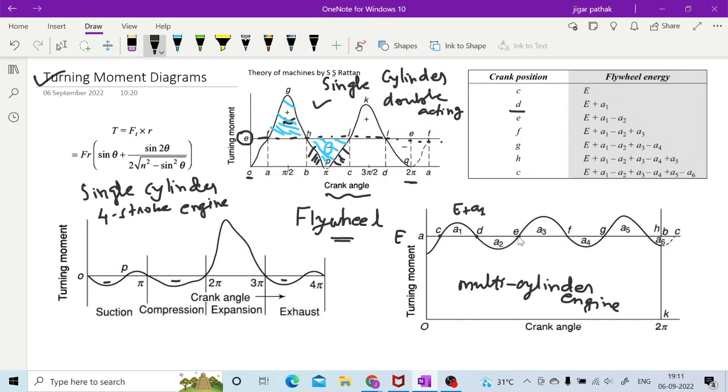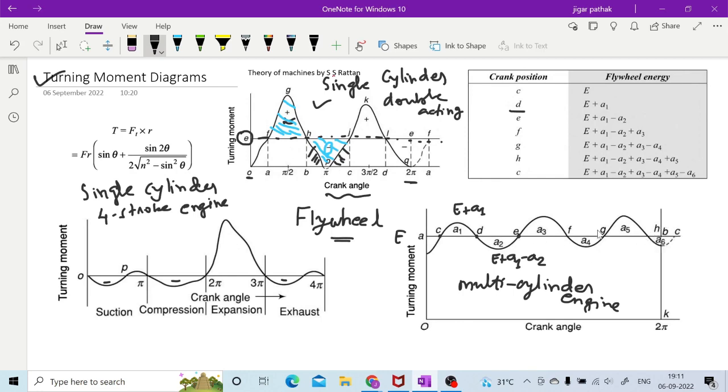When you go to point E, what will happen? This A2 will be subtracted from this E plus A1, whatever was present at that point D. So it will be E plus A1 minus A2. So it will go on like this up to point H, and C will be again the start point of the next cycle.